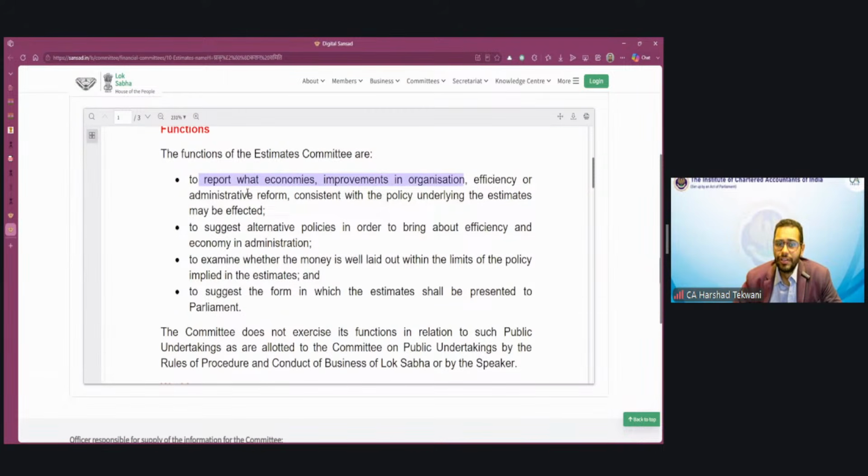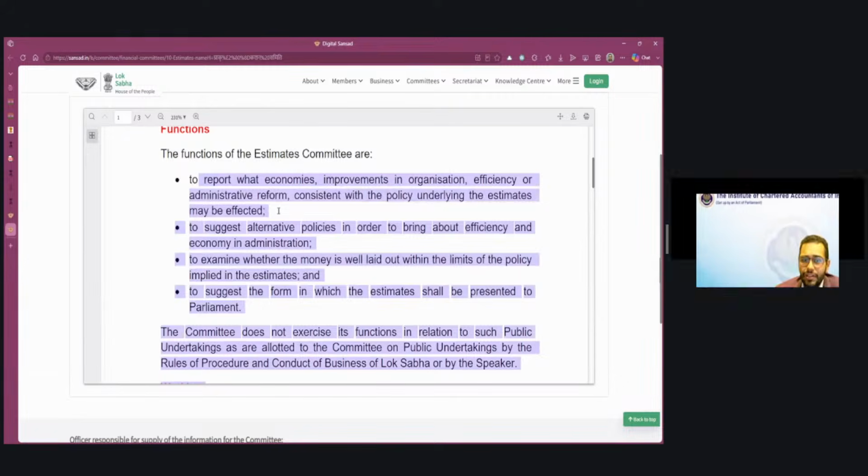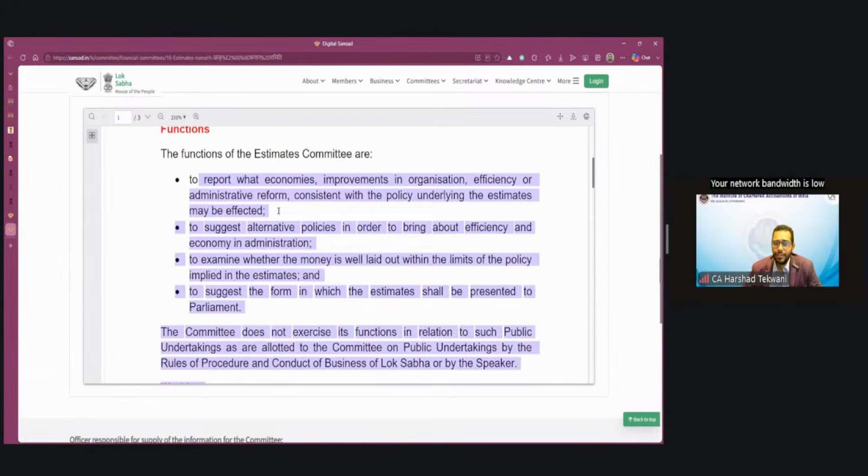They will suggest alternate policies to bring about efficiency and economy in the administration. They will examine whether the money is well laid out within the limits of the policies in the estimates, and they will suggest in which form estimates shall be presented to the Parliament.